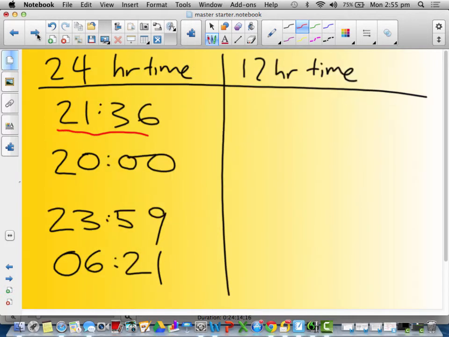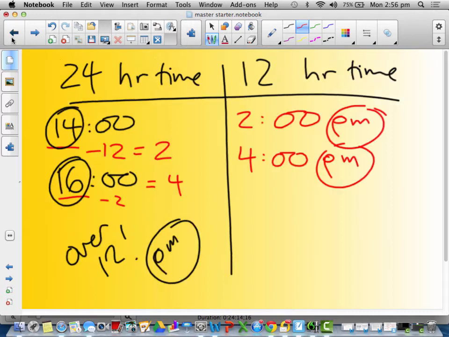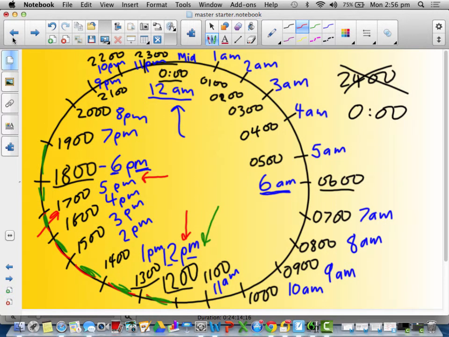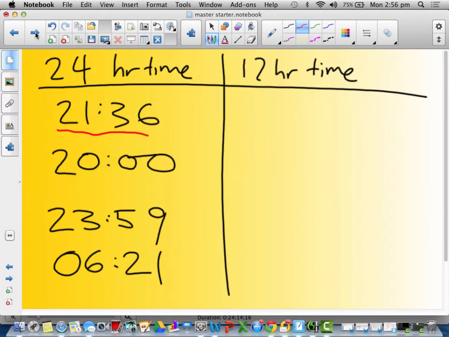Perhaps minus 12 is the simplest way to do it, but I've always done count on from 12 in my head. But whatever works for you. So have a go at converting 2136 into 12-hour time. Perhaps you might just like to go back and look at the clock. That might actually help you. Okay, so I might just let you have a go at that.